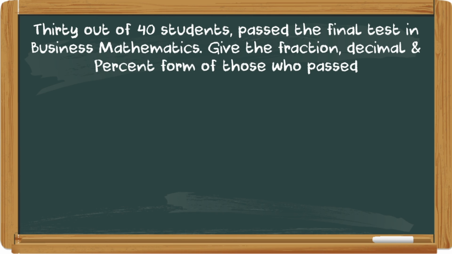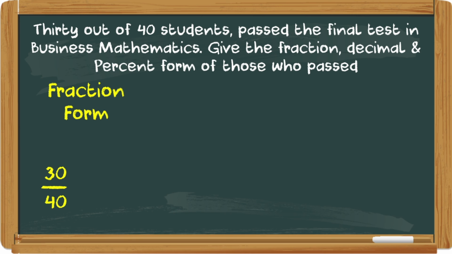Let's have this problem. 30 out of 40 students passed the final test in business mathematics. Give the fraction, decimal, and percent form of those who passed. So I have now 30 out of 40 students, which could be written as 30/40.